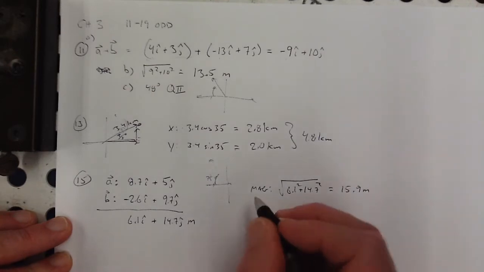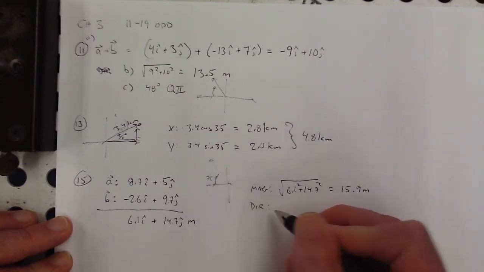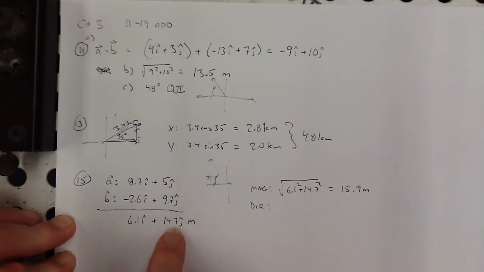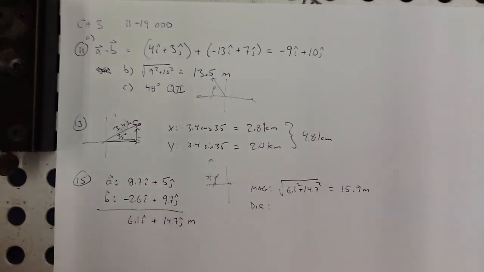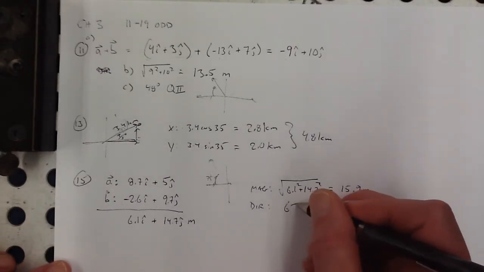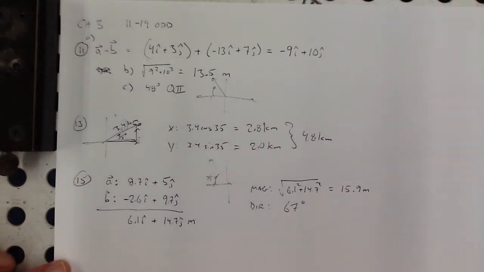Don't forget your units there, and the direction, tangent inverse, rise over run. And then here, it looks like we have positive both of these, so I'm in the first quadrant. So that's 67 degrees, rounded to the nearest degree, 67.5 perhaps.